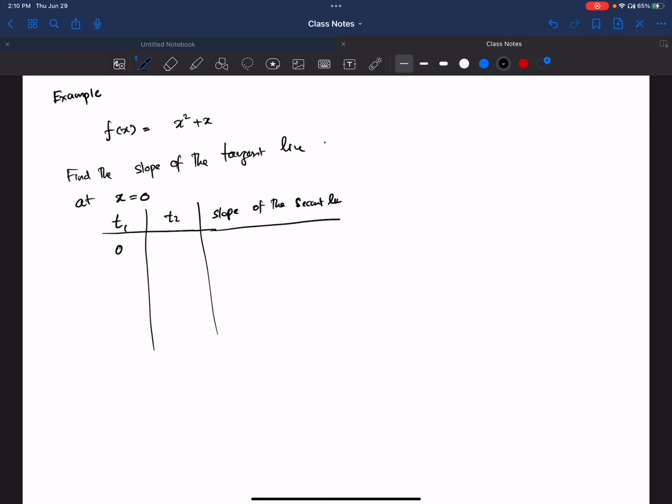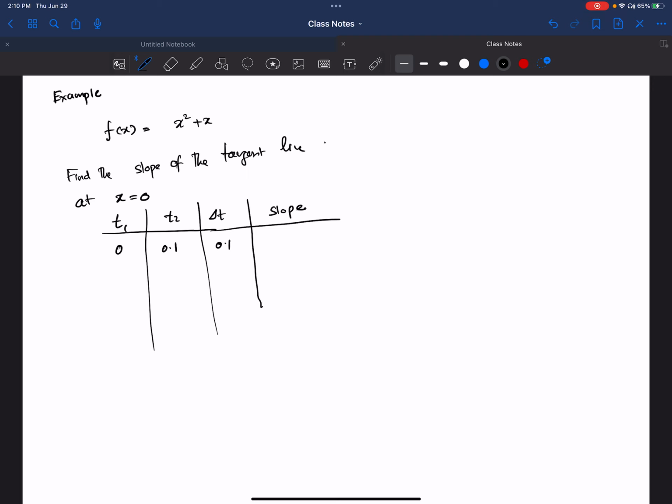Now what we are doing is let me put another one, delta t, and then slope. So this is 0, and then you put 0.1, and the difference is 0.1, right?